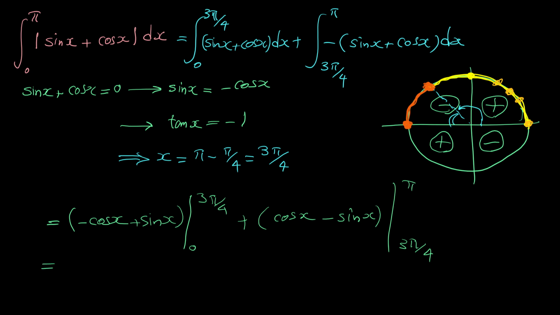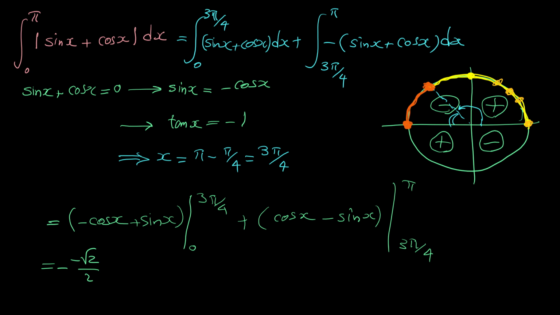Let's do the substitution. If we plug in 3 pi over 4, negative cosine of 3 pi over 4, in the second quadrant cosine is negative. So cosine of 3 pi over 4 would be negative of negative radical 2 over 2 or 1 over radical 2.